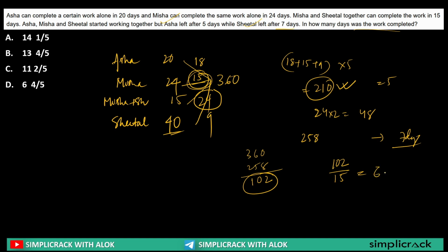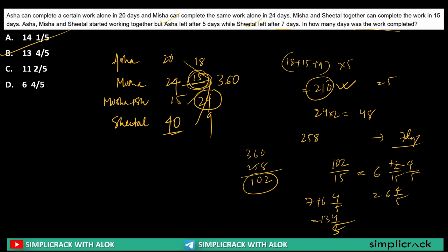So it is 15 into 6, 90, 12 by 15, 4 by 5. So it is 6 and 4 by 5 days. But prior to that, 7 days are done. So the answer is 7 plus 6 and 4 by 5, or 13 and 4 by 5 is the answer.